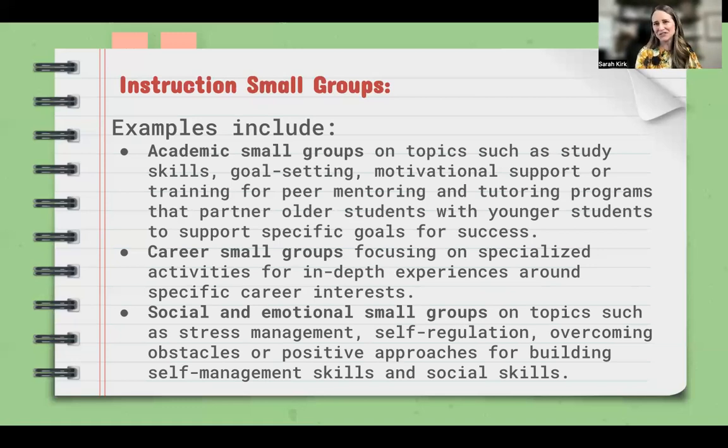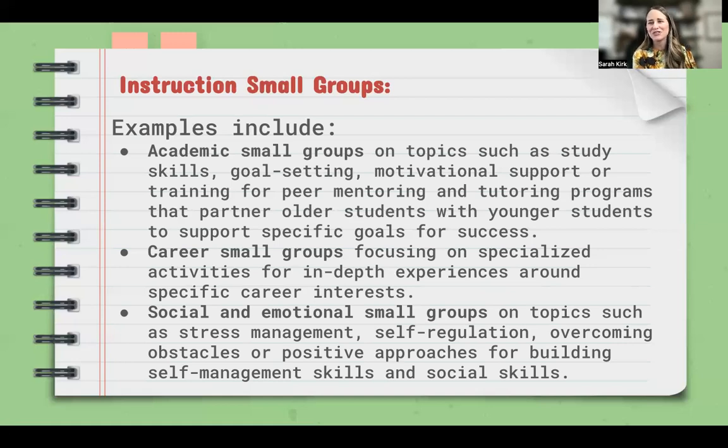We did all sorts of fun stuff that most students, if they have a parent who went to college, might get from their parents or their caregivers, but that these students may not get. Just that exposure piece, which I think is so important when we're talking college and career at the elementary level. So you could definitely get creative and think about some career instructional small groups you could host.